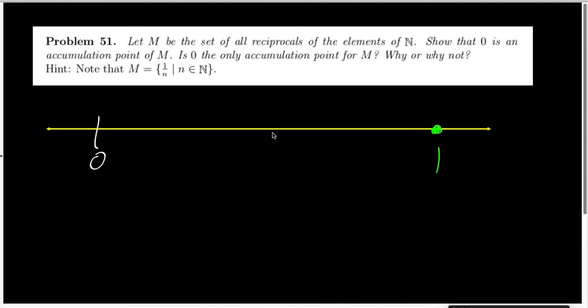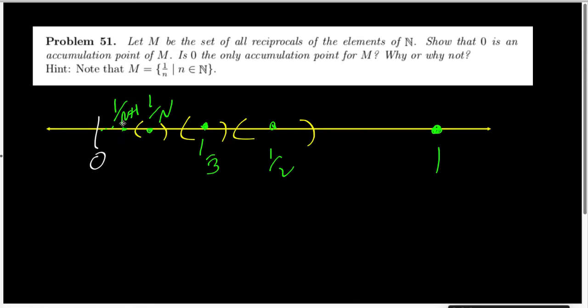We have 1, and then 1/2, and then 1/3, and we keep going, and eventually we will get down to a 1 over capital N, and then a 1 over N plus 1, and so on. Between each pair of these points, it seems intuitively clear that I ought to be able to put in a little delta ball where this is the only element inside the set M.